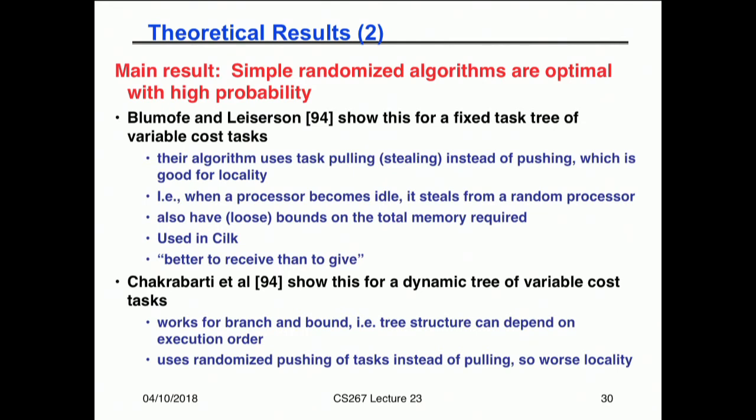So if you've got some locality between the different tasks in the tree, for example all the yellow tasks along a common chain need some common data structure, such as a submatrix, then stealing is going to be better than pushing, because you're more likely to run a task on the same processor as its parent. On the other hand, it can take a lot longer to load balance things.